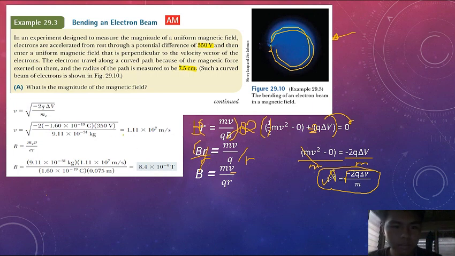We will have 1.11 times 10 raised to the power of 7 meter per second divided by Q, which is our charge, 1.6 times 10 negative 19 coulomb, and our radius of 0.075 meter from 7.5 centimeter. So 8.4 times 10 raised to the power of negative 4 Tesla is our magnetic field.